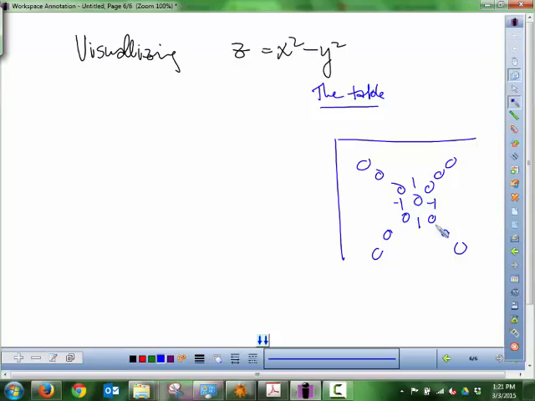And then we had 3 somewhere, right? Where do we have 3? Diagonal to the 1. And then we had negative 3 over here.